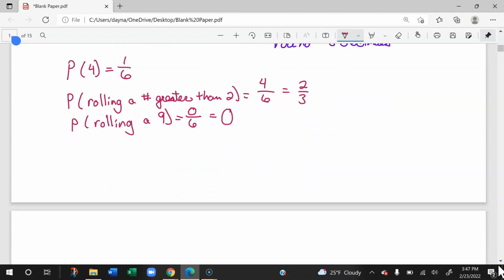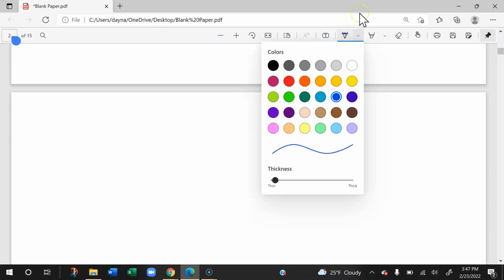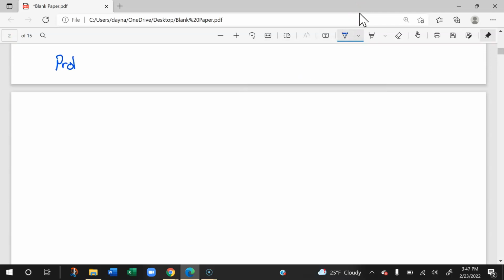Which brings me to some of the properties of probabilities. When we look at the properties of probabilities, a couple of things we have to remember is that probabilities are going to have to be between 0 and 1.